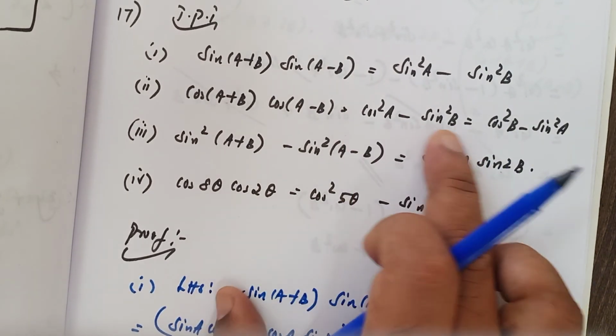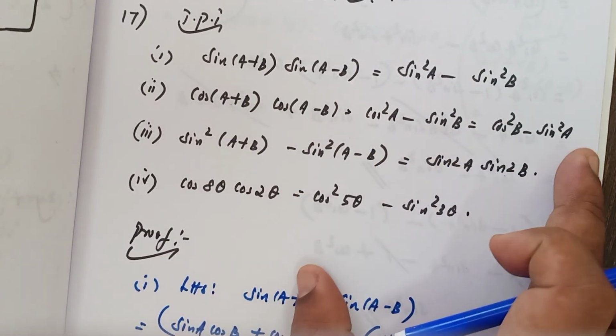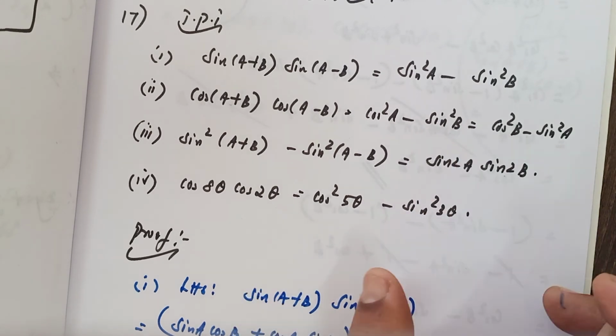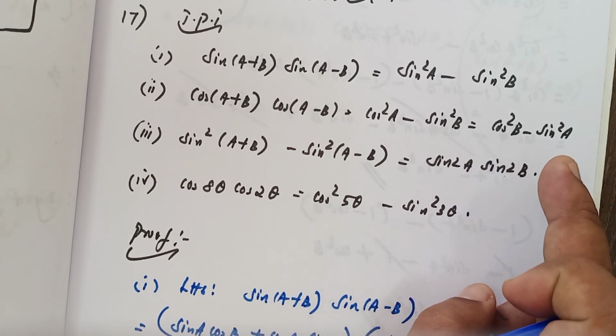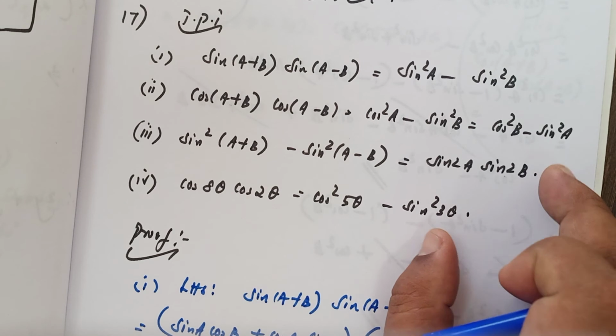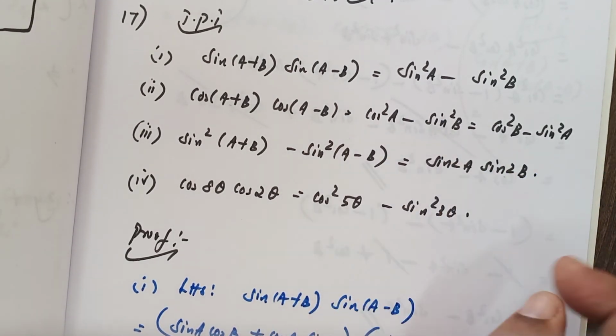Here it is. There are two different formulae there. Suppose you are given cos squared 3 theta minus sin squared 5 theta, you can consider this formula. Both can be applied, but particularly for subdivision 4, you have to consider this one alone.